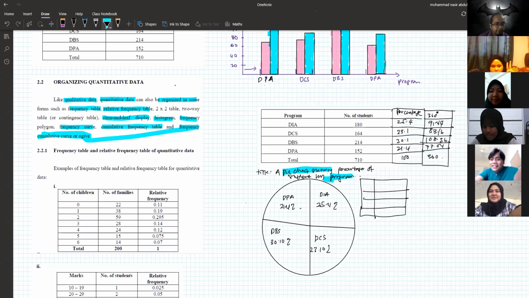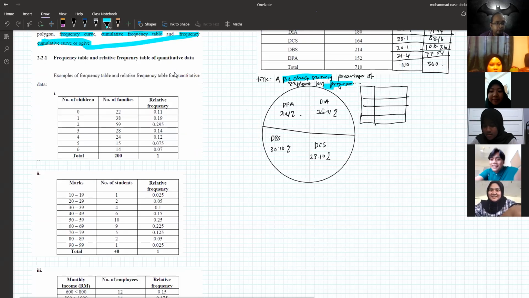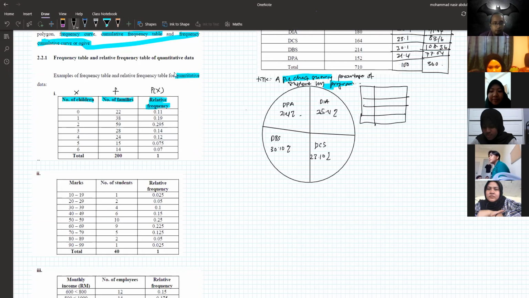Now, this is an example of a frequency table and relative frequency table for quantitative data. As with qualitative data, we have a category, and then we have a frequency, and this is a relative frequency. Real frequency notation is small letter f, and relative frequency we note as probability of x, and this is the x value. So this is an example for discrete quantitative data. We have number of children 0, 1, 2, 3, 4, 5, 6.